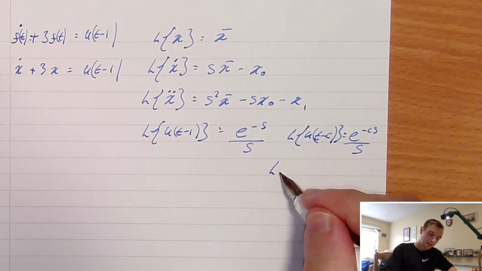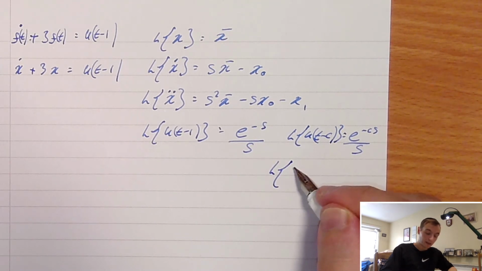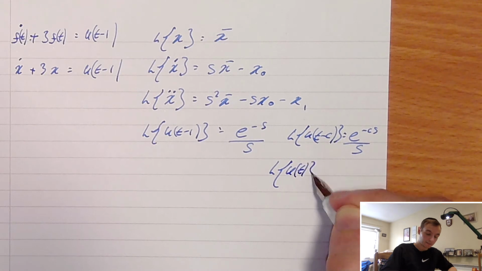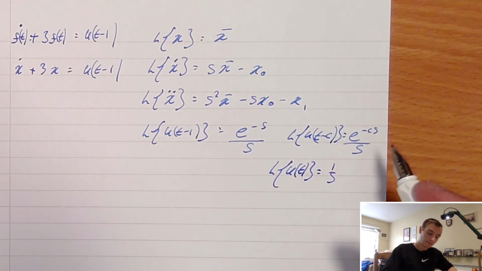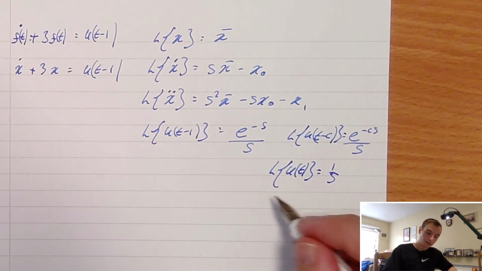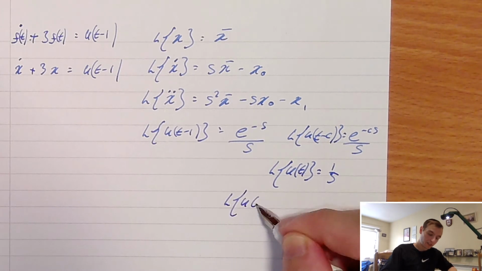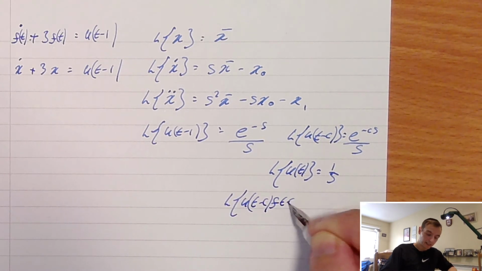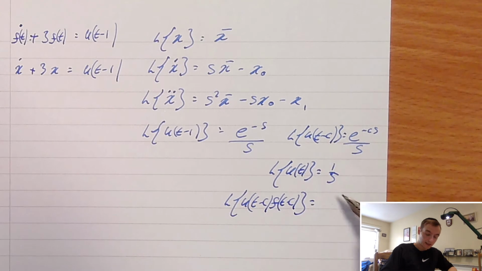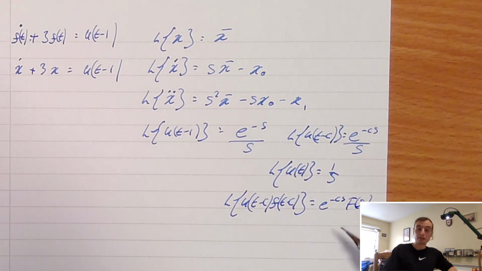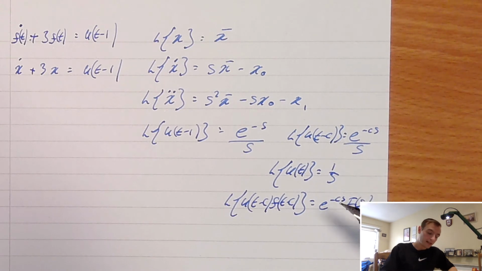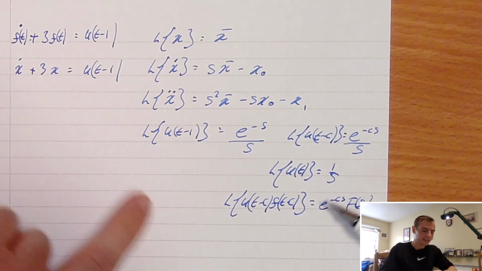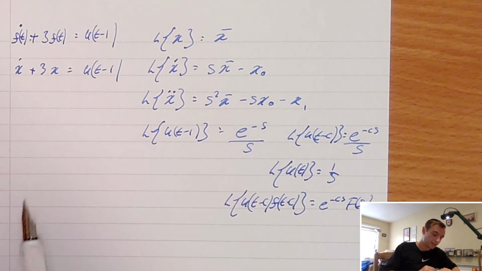We can also say that the Laplace transform of u(t) equals 1 on s, and that the Laplace transform of u(t minus c) f(t minus c) equals e to the minus cs f of s, providing that the Laplace transform of f of t is f of s. But it's clear that we're not going to need these transforms for this. We're just going to need the first one.